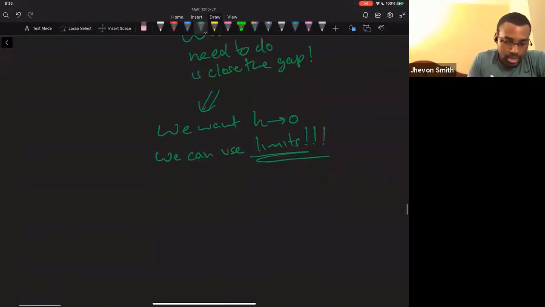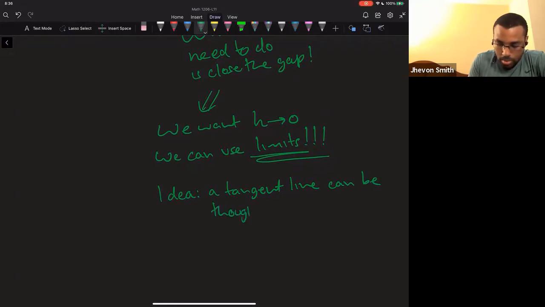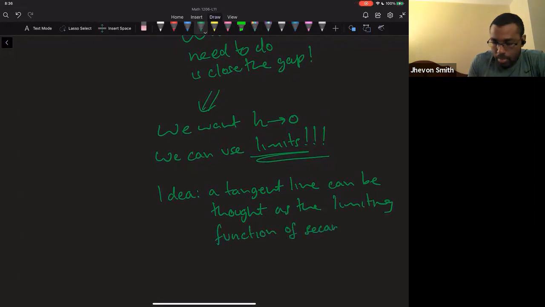And the idea is a tangent line can be thought of as the limiting function of secant lines. So just like how one number can get closer and closer to another one, there's the idea of a line getting closer and closer to another one, and we'd call this line the limit of this other line. So it turns out a tangent line is a limit of secant lines, right?